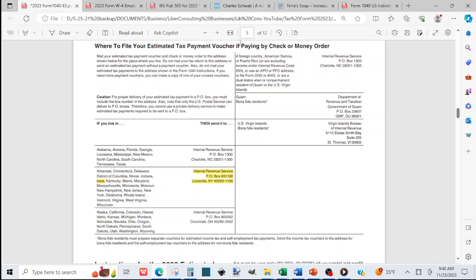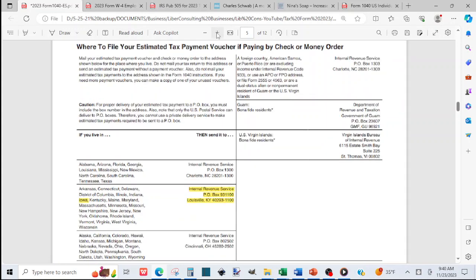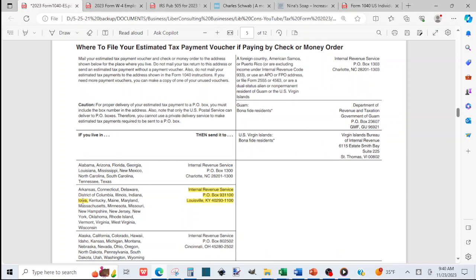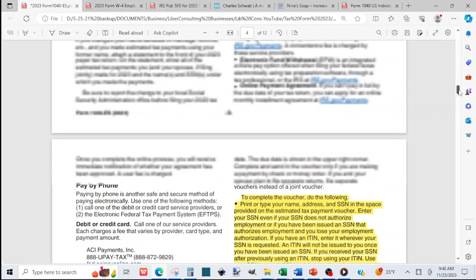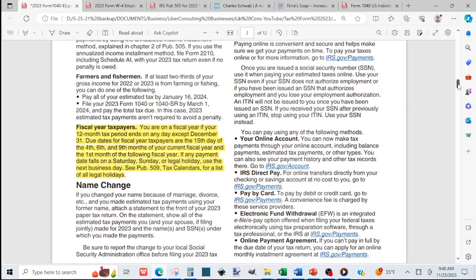So you might want to first locate the state you are living in and see which address corresponds to that state. And that is the address you put on the envelope, and you mail your payment. If you do not want to mail it, then you can just look at the online options to see which online option works more for you.